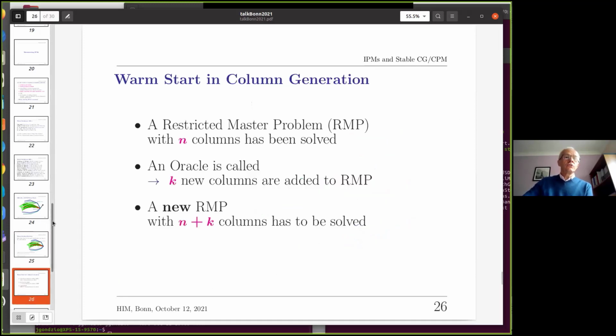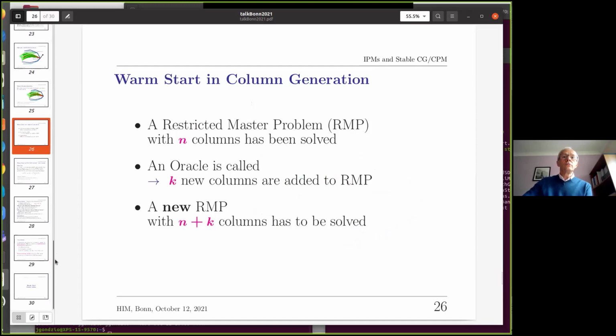Let me just focus now on a situation specifically arising in column generation, that is, a restricted master problem with n columns has been solved, and an oracle is called, and a large set of new columns is added to the restricted master problem.